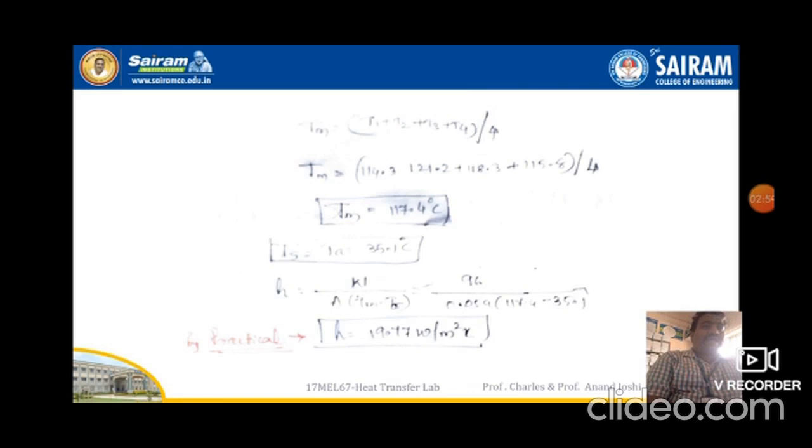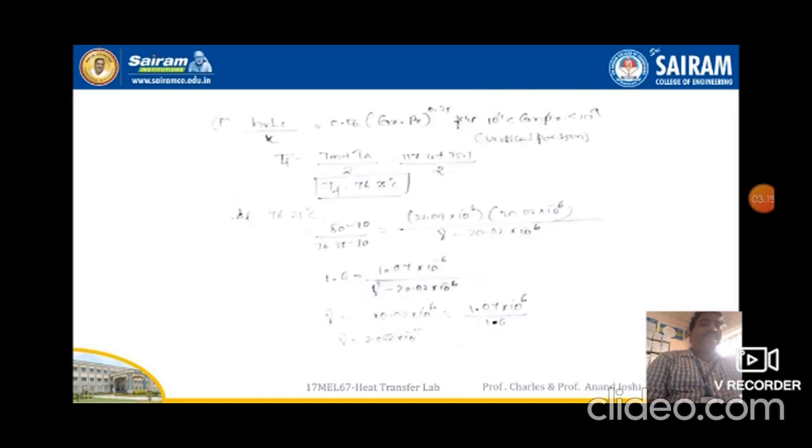Now you can calculate practically h equal to W divided by A into (Tm minus Ta). So 96 divided by 0.059 into (117.4 minus 35.1) gives h equal to 19.77 watt per meter square Kelvin. Next, we can calculate the heat transfer coefficient theoretically.